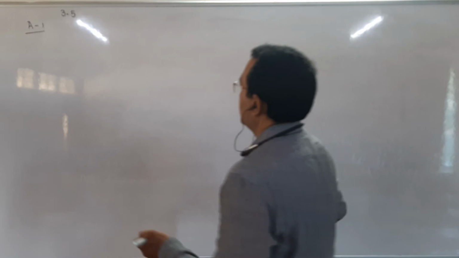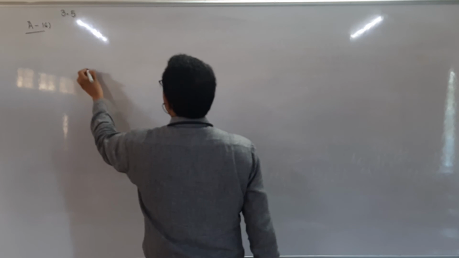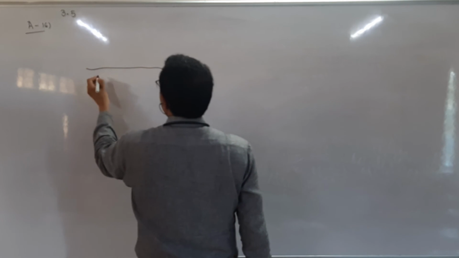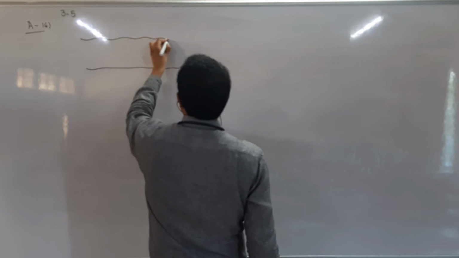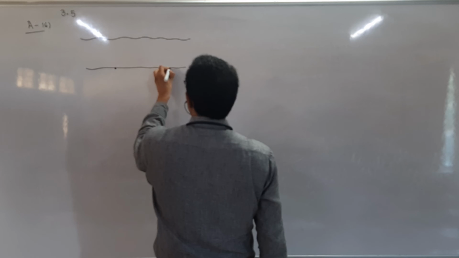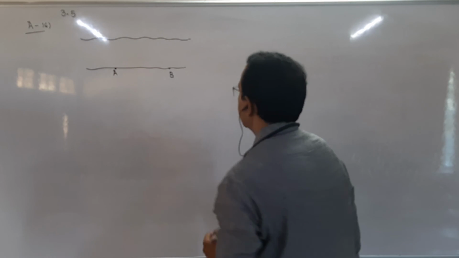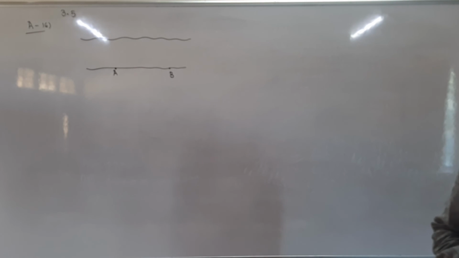Now, answer 16. Say this is the river. It is the first side, and say this is the second side. Say trees A and B are located here. On any side you can take, I have taken this side.